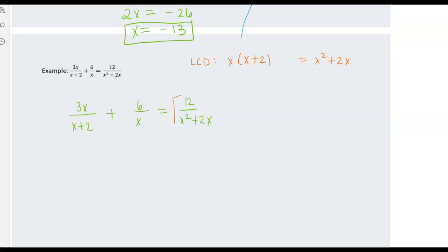So I will multiply both sides of the equation by that least common denominator, x times x plus 2.